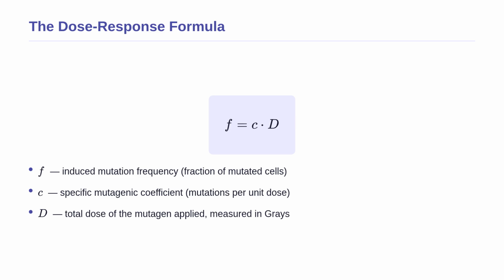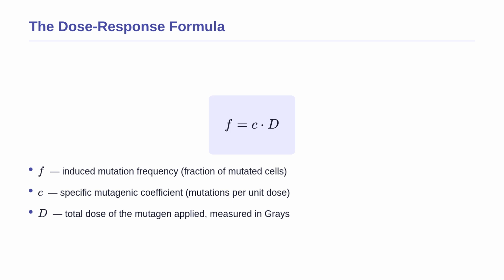This linear relationship brings us to a very important mathematical model. The formula is F equals C times D. Conceptually, this states that the frequency of mutations is exactly equal to the mutagen's strength multiplied by the total dose given. Let us break down the symbols. The letter F represents the induced mutation frequency, which is the fraction of cells that develop a mutation.